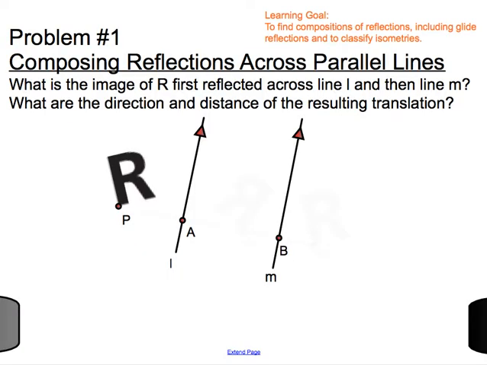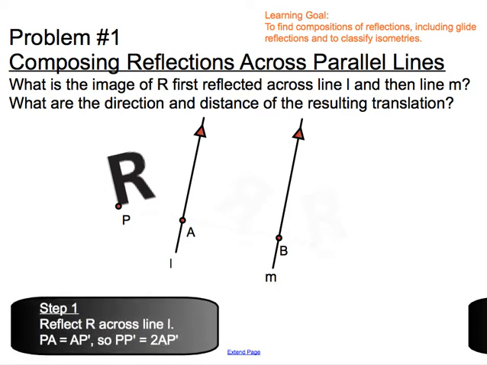So let's take a look at composing reflections across parallel lines. We're trying to determine the direction and distance of the resulting translation. The first thing we want to do is reflect R across line L. By reflecting this capital R across line L, we end up with a figure that looks similar to this.